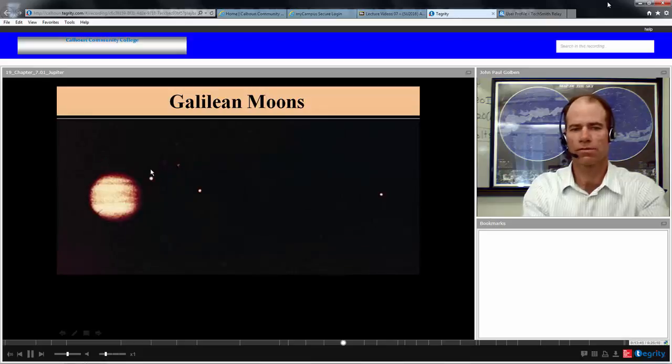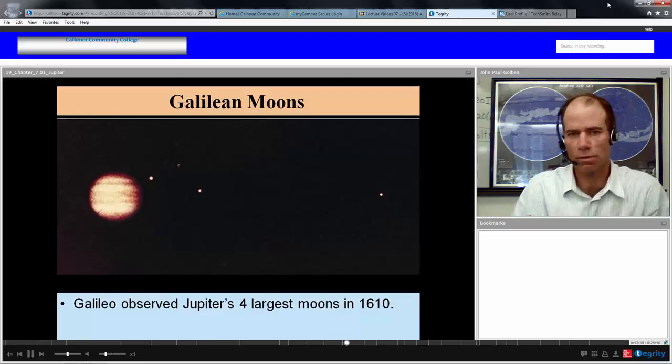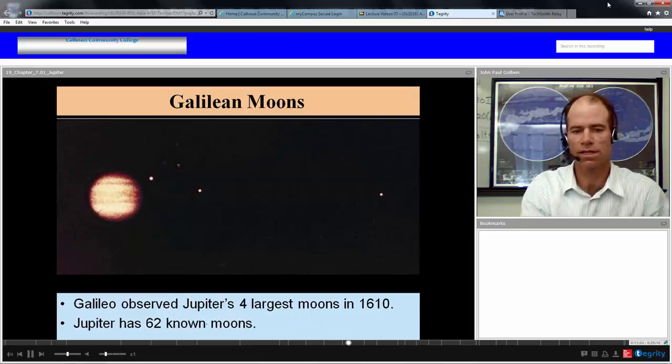Here's a look at Jupiter from the Earth, and you can see these 4 bright dots, which are Galilean moons. Galileo observed these 4 moons in 1610 through the early invention of the telescope. Jupiter has 62 known moons. Even these are the largest ones, but they are much smaller than the planet itself.